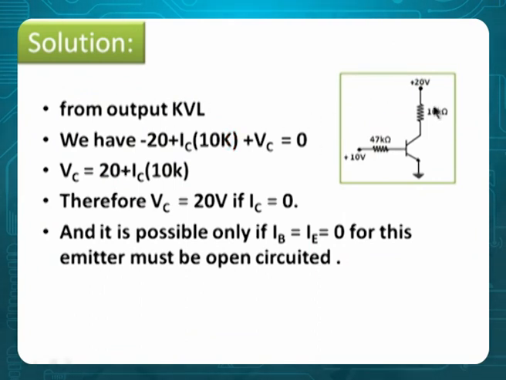From output KVL, you can say 20 minus this is equal to VC there. VC has got one equation. From there you can say VC is equal to 20 if IC is 0. And that is possible only if IB is equal to IE is equal to 0, for this emitter must be open circuit. Therefore, the option is B, open circuit.